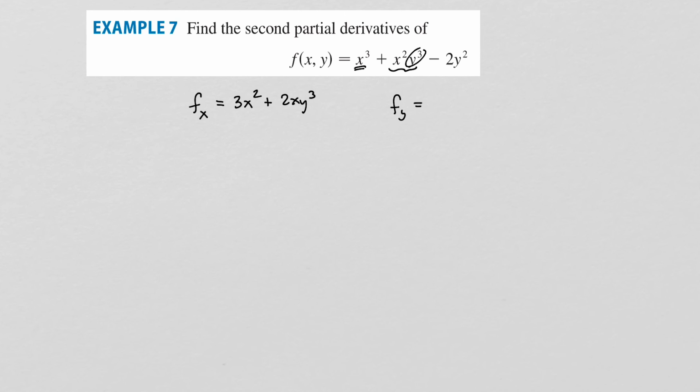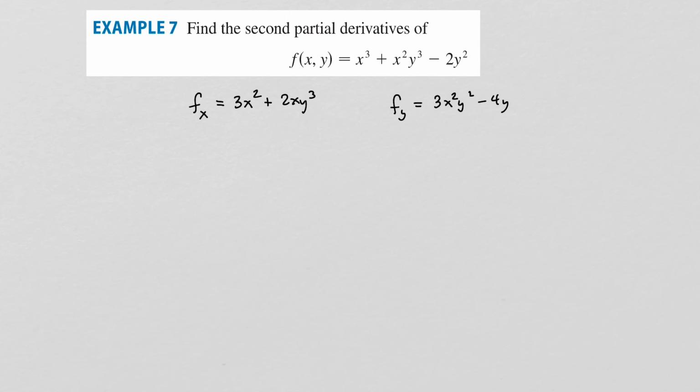And the derivative with respect to y, this is going to be a constant now, so that's going to go away. And now in the second term, x squared is a constant, so the derivative here is 3y squared times x squared. And finally this. Now as a note, these are the same partial derivatives that we took just a minute ago. But now let's talk about the second partial derivatives.